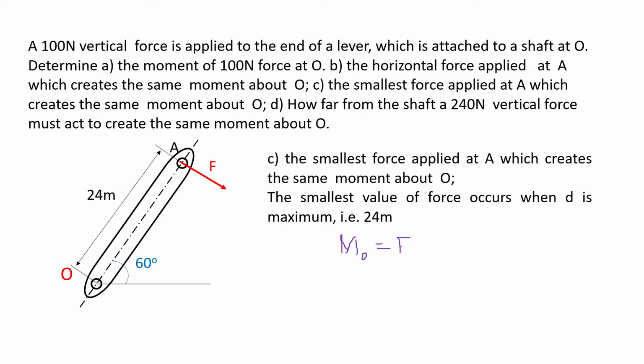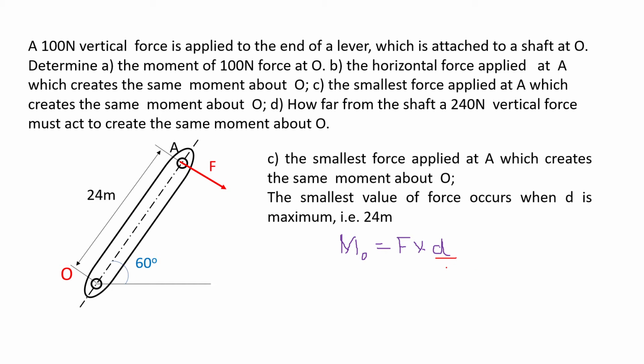So if we have to find the minimum value of force F, then d must be maximum. How can we get the maximum value of d? In this case, we can see that the maximum length of this particular lever is 24 meter.